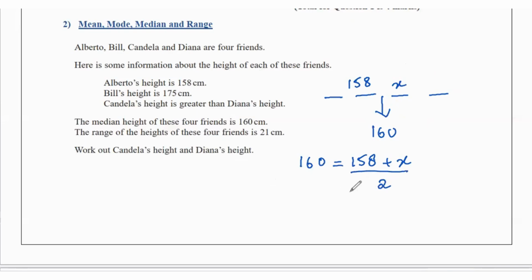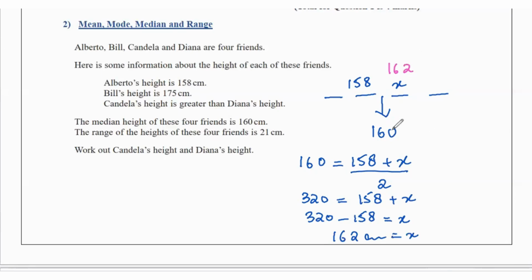Now 160 times 2 is going to be 320. And then we do 320 minus 158. So that gives us 162 centimeters as x. Let's assume that 162 is over here, because if 160 is the median, that means 160 is between 158 and 162.